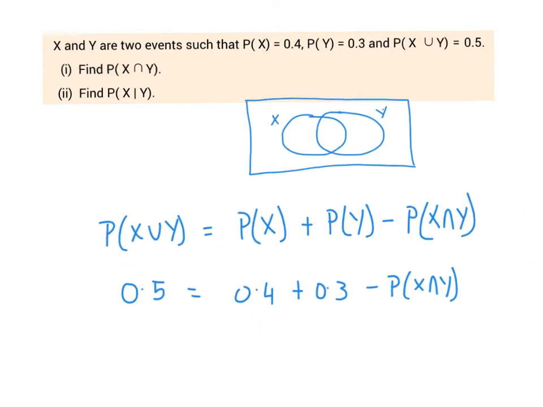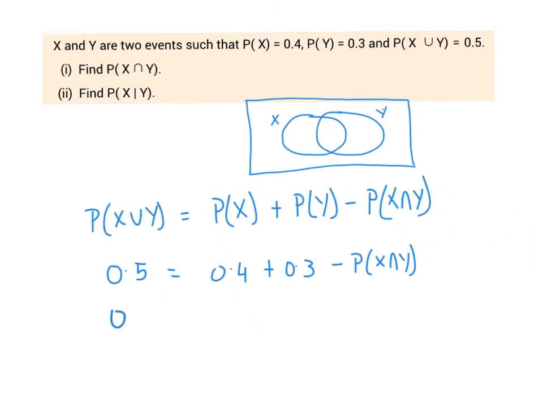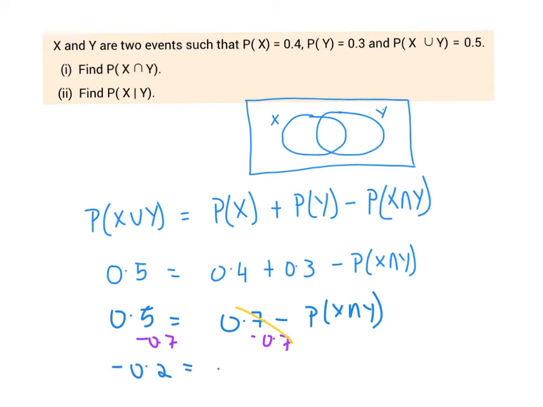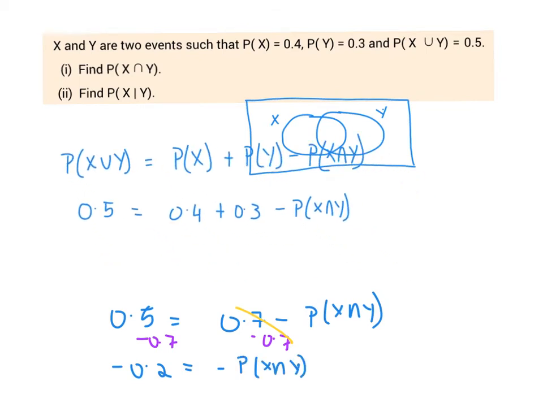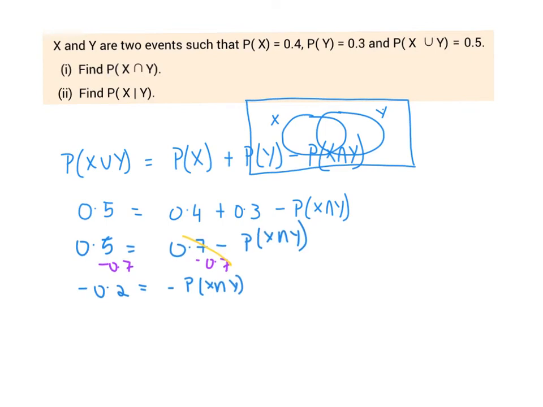Tidying that up gives us 0.5 is equal to 0.7 minus p of x intersection y, and so remove the 0.7 from both sides, they cancel, and we have minus 0.2 is equal to minus p of x intersection y. So the intersection is very clearly equal to 0.2. So 0.2 is equal to the probability of x intersection y. Okay, so that's solved.